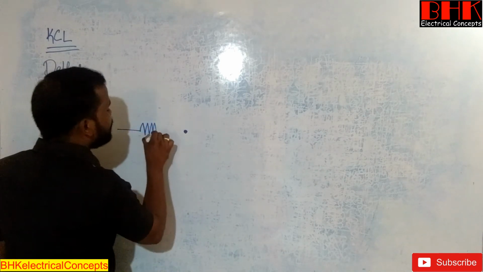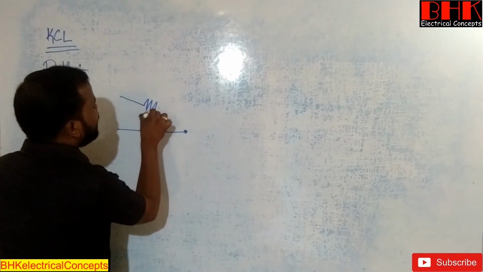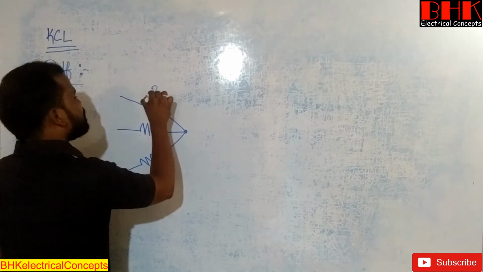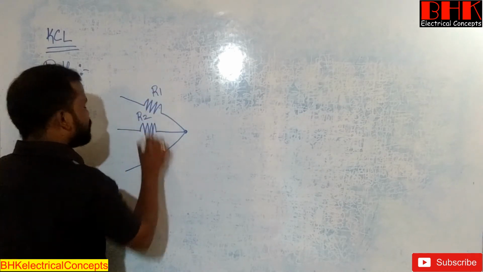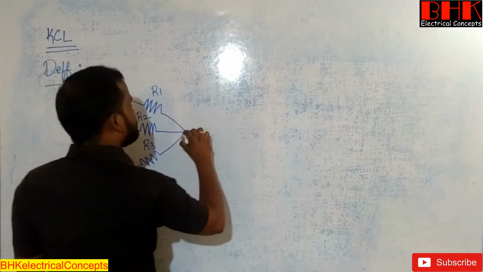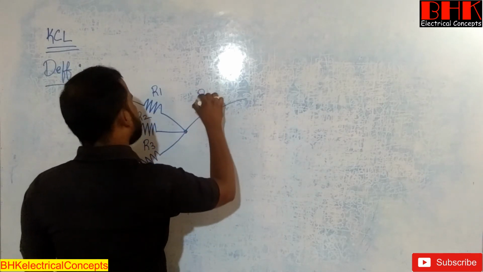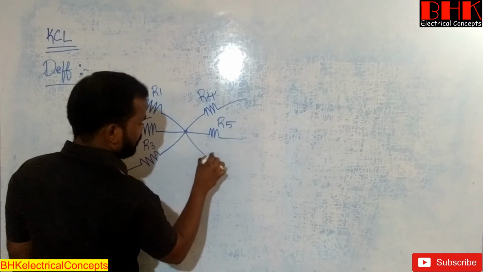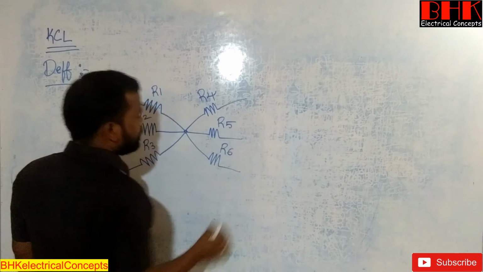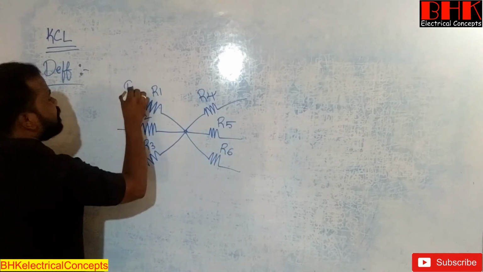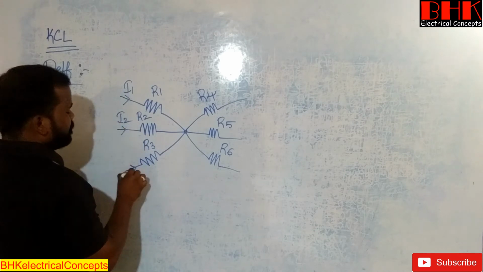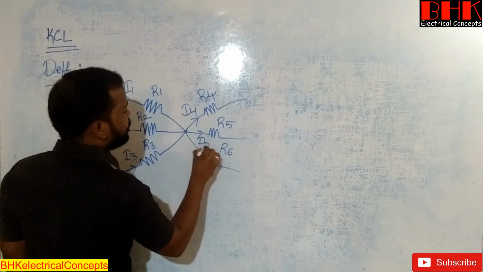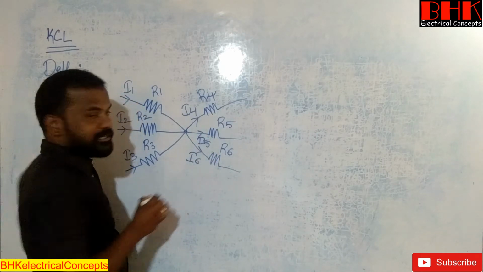For this particular junction point, a few resistances are connected like this. This one is R1, this one is R2, and this one is R3. And from this junction point, another three resistances, R4, R5, and R6. The currents flowing in them are I1, I2, I3, and I4, I5, I6.